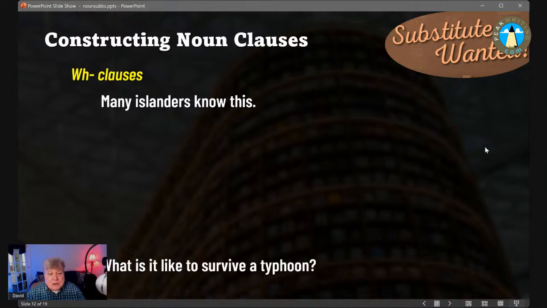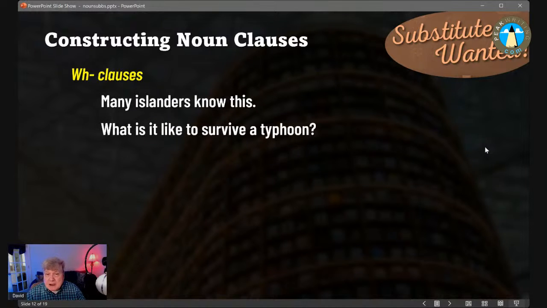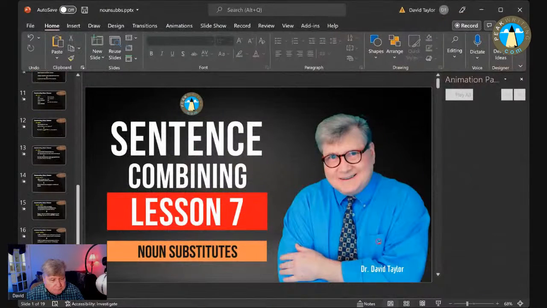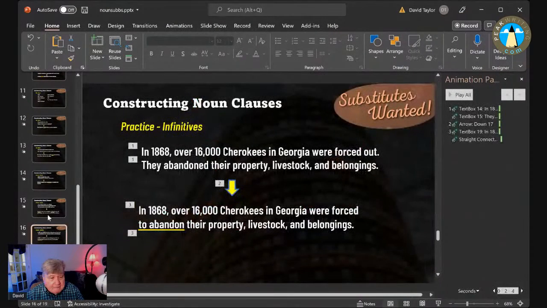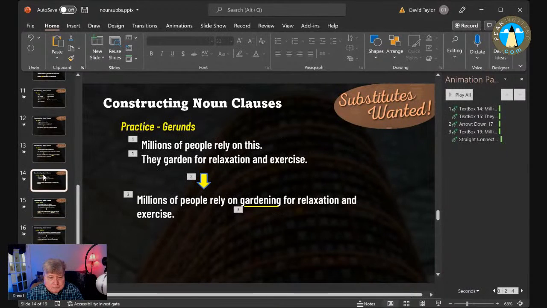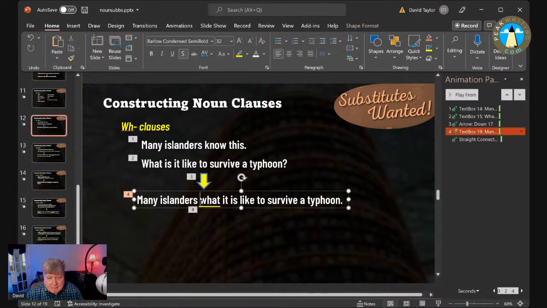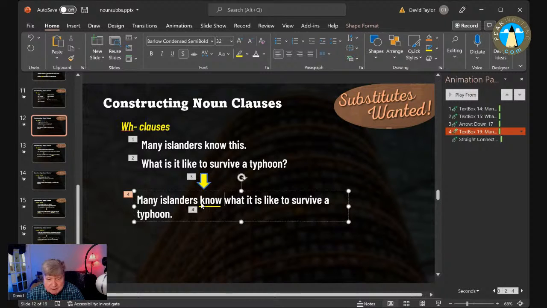So many islanders know this. What is it like to survive a typhoon? Many of these WH clauses are formed from questions, either implied or stated. It would be changed to something like, many islanders. Whoops! I left out the word know there. Sorry about that. Typing too fast.